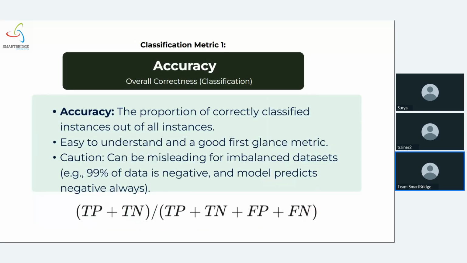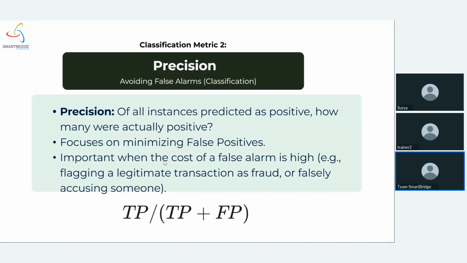So this is what we have discussed until now. Accuracy is nothing but the total correct outcomes divided by total outcomes. The correct outcomes we are having are 2: true positive and true negative. The total outcomes are 2 correct, plus false positive and false negative, so 2 by 4. That is 0.5 accuracy.